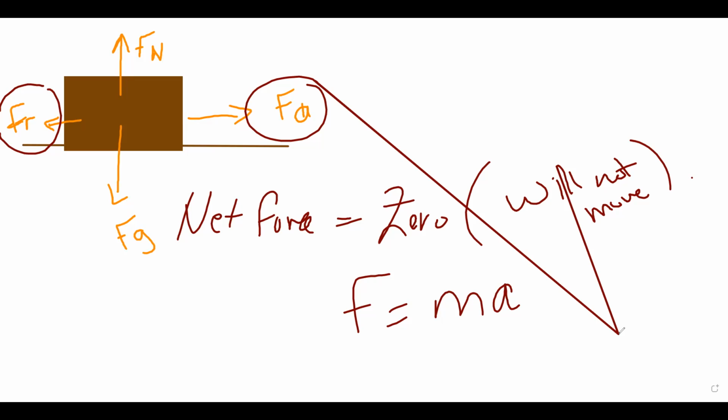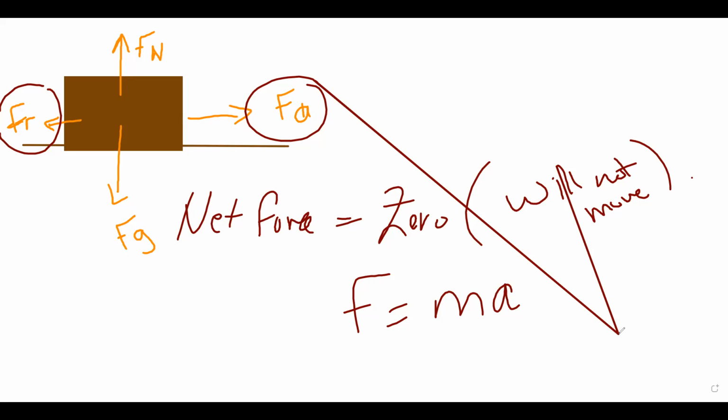Static means that I apply a force, but the object will not move. Oh, okay. Here, when I apply a force and this force equals the frictional force, the net force is 0.